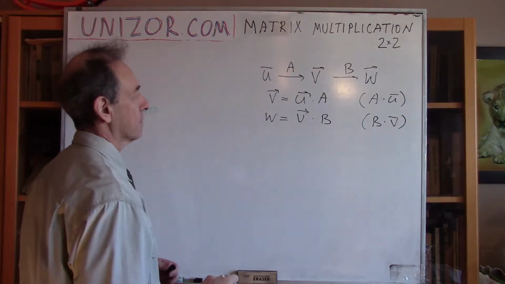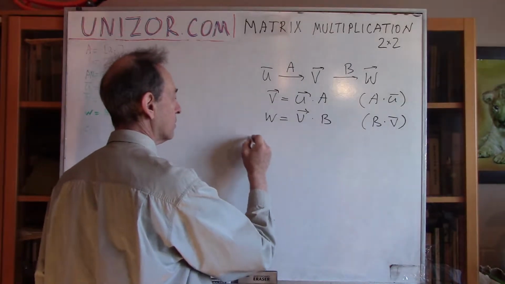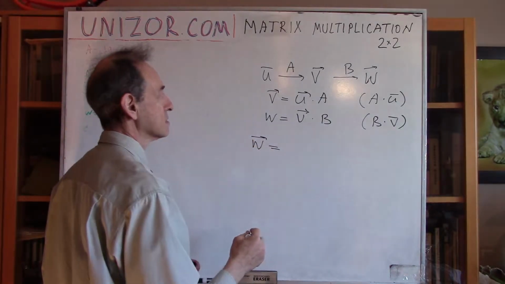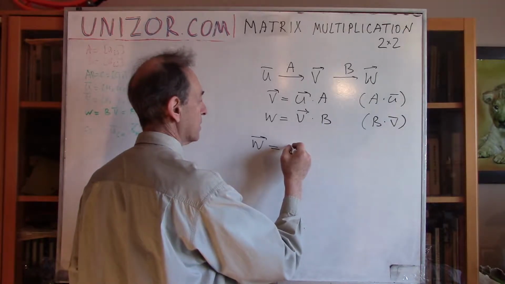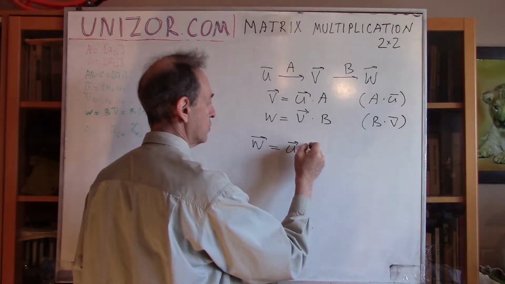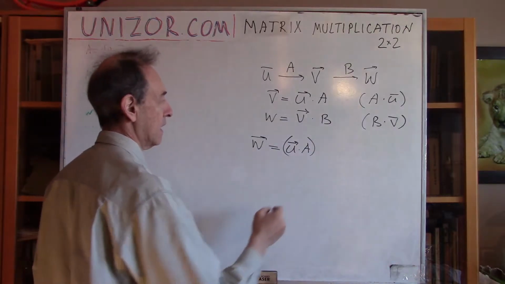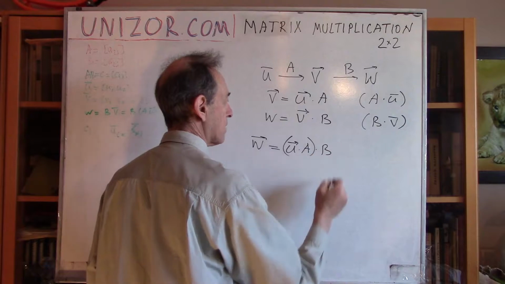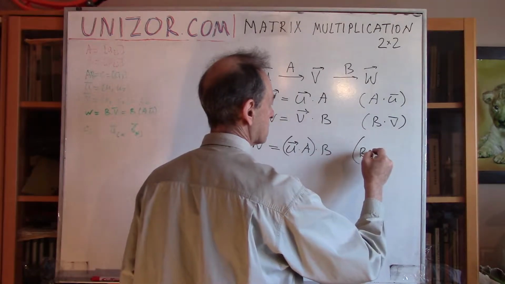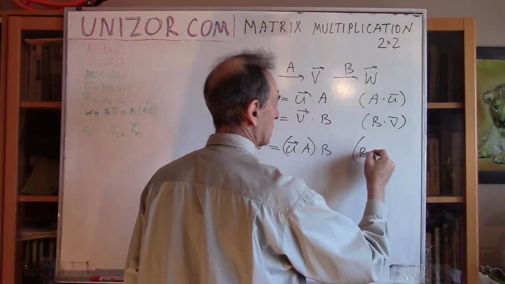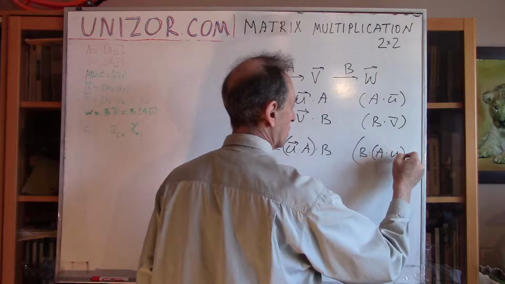Now, what is really important is that the w vector is the combination of vector u and matrix A, and then the result is multiplied by matrix B. Or, from the other perspective, it's B times A times u.